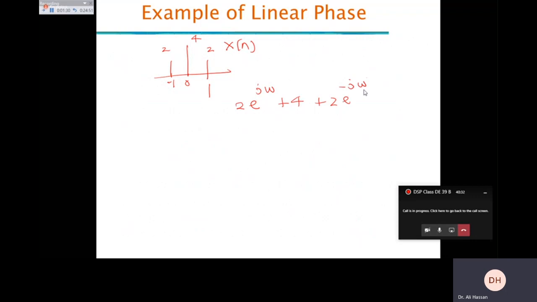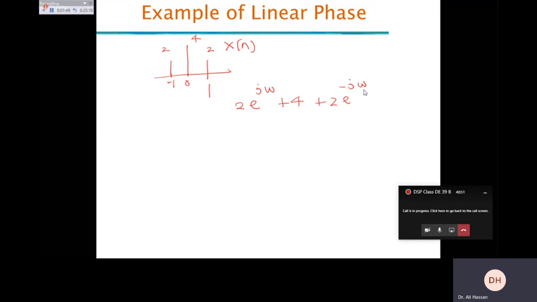We know from chapter number 2 that we can easily write the Fourier transform, or DTFT, of a finite duration signal drawn in time domain.